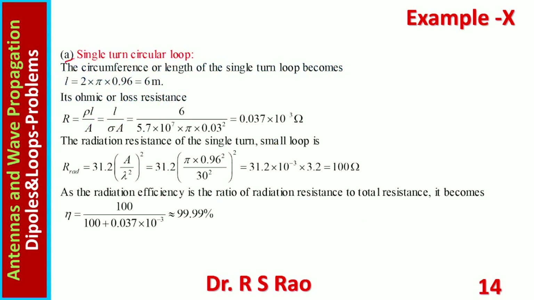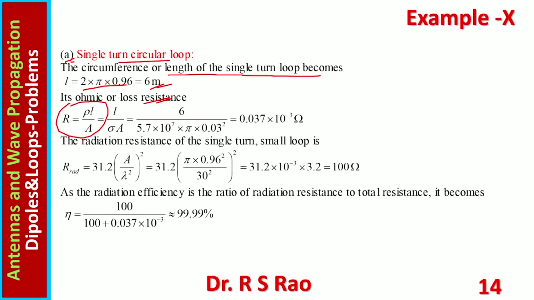Now we consider the case of a single turn circular loop. The circumference or length of a single turn loop becomes L is 2 into pi into radius. Radius is 0.96. So length becomes 6 meters. Ohmic or loss resistance can be obtained from this formula.